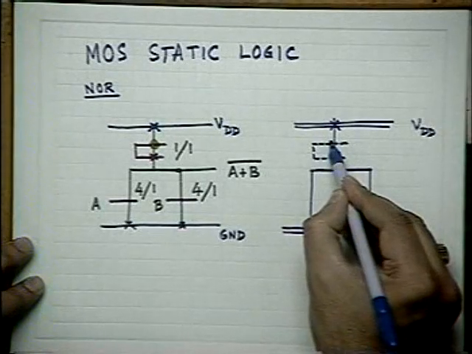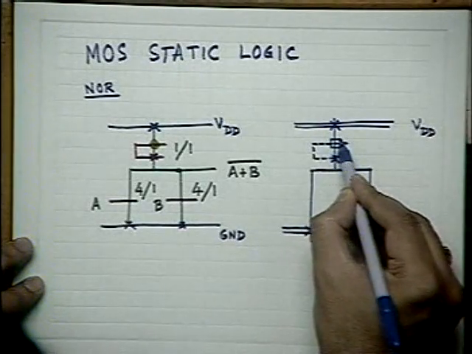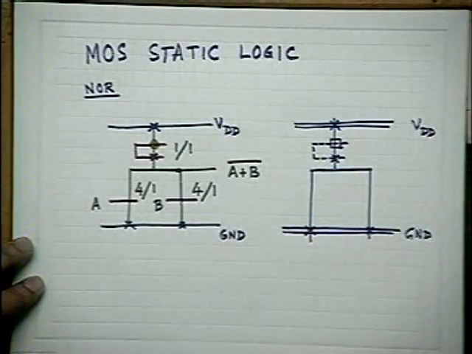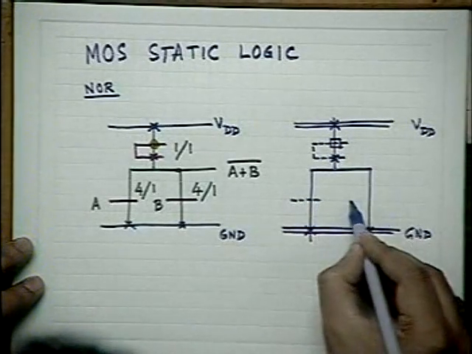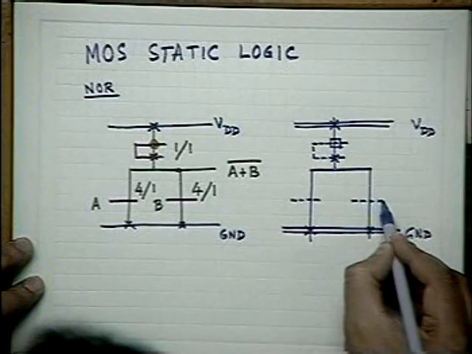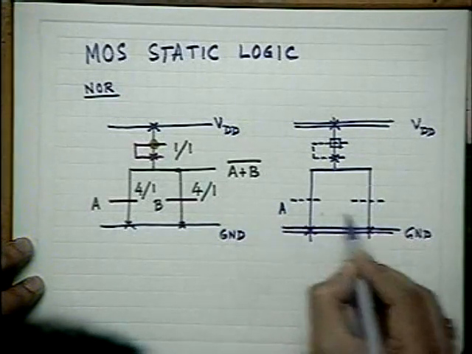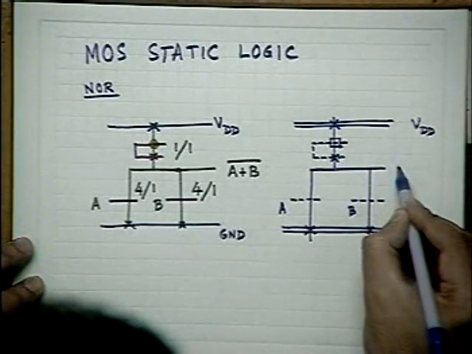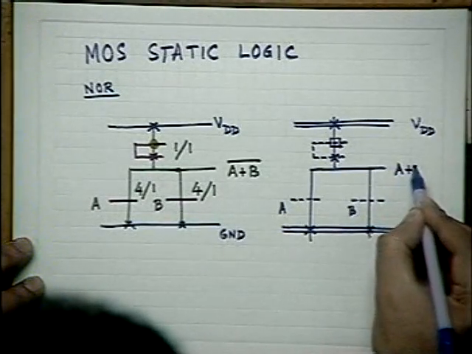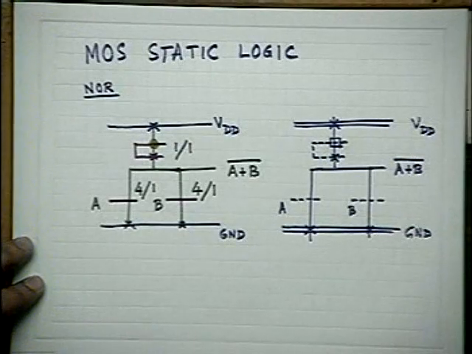And because this is a depletion mode transistor, I will put a square around it. Similarly, this is A, this is B, and at this point you get A, B NOR.